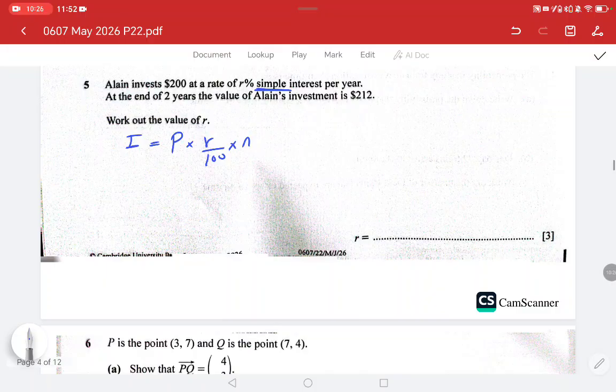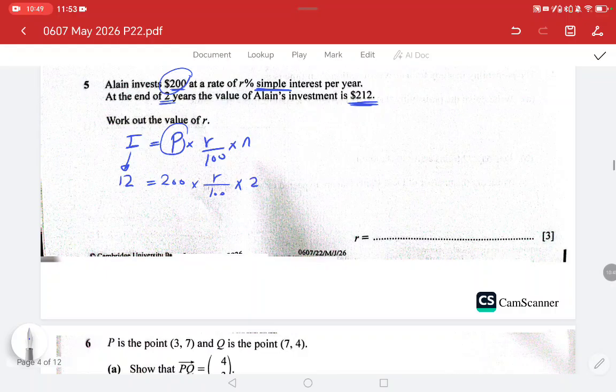So it was 200 and it became 212. It means the interest is just $12, and the present value is 200, and the rate, this is what we need to find, times n, the number of years, is 2.